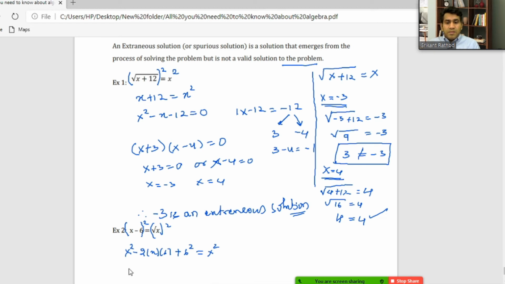What happens here? Now you have to multiply this entire expression by what? 2, isn't it? Because the 2 is outside here, so we have to multiply this entire expression by 2.